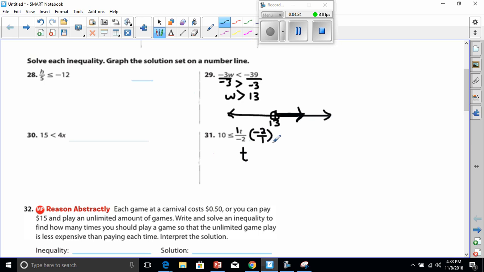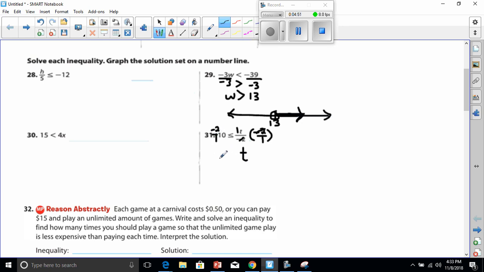Okay? Now I have the reciprocal, which is -2 over 1. When I multiply across now, well, that gets eliminated, and that gets eliminated, which leaves me 1t. But whatever I multiplied to one side, I had to multiply to the other. So over here I have -2 over 1 times 10.